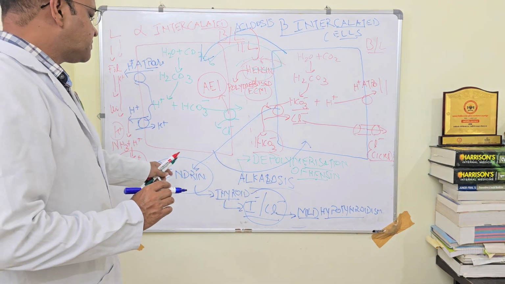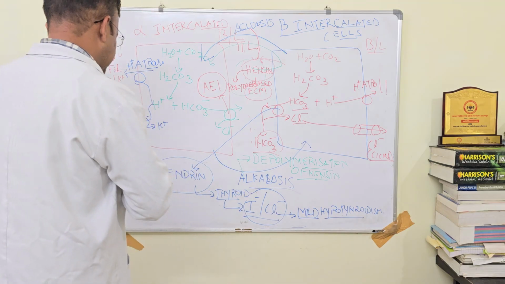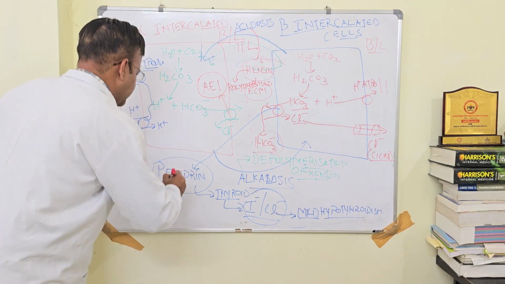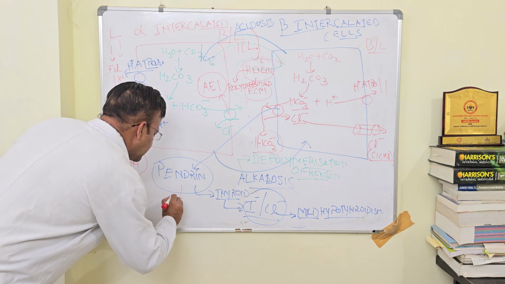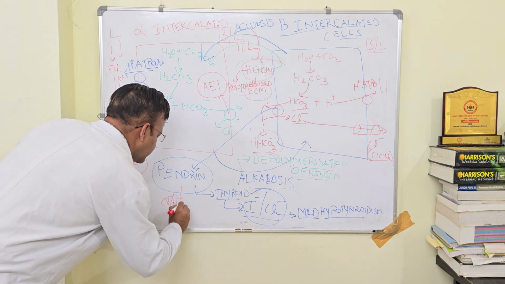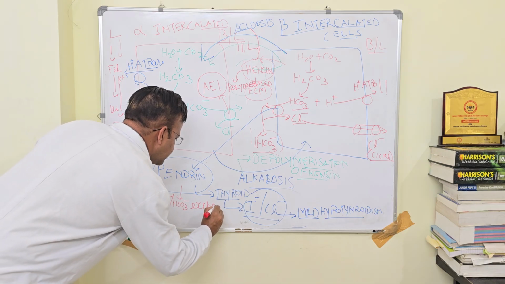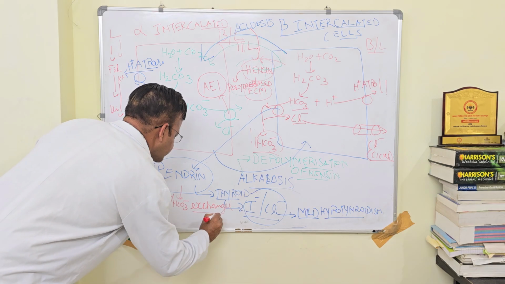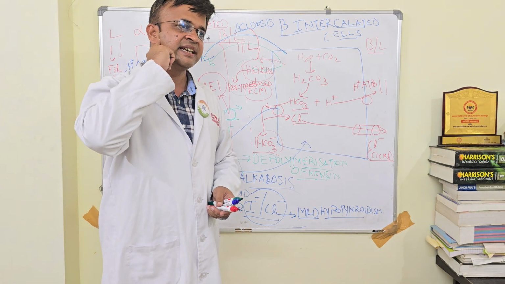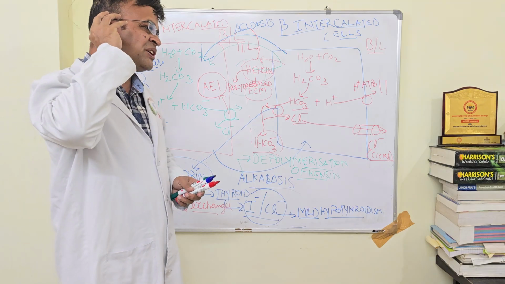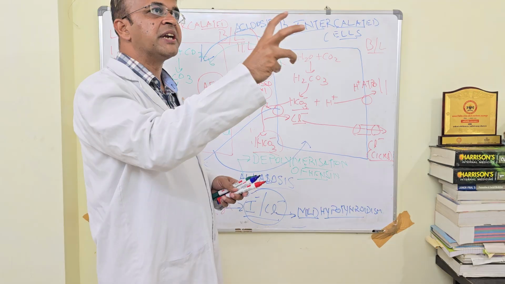Now, this pendrin is also found in your inner ear, where it works as this chloride exchanger only. It is actually found in your endolymphatic sac, and if this becomes defective, the size of the endolymphatic sac is going to increase.